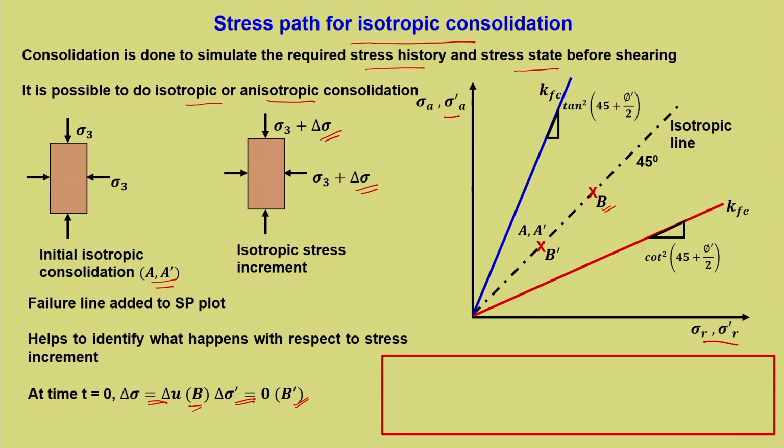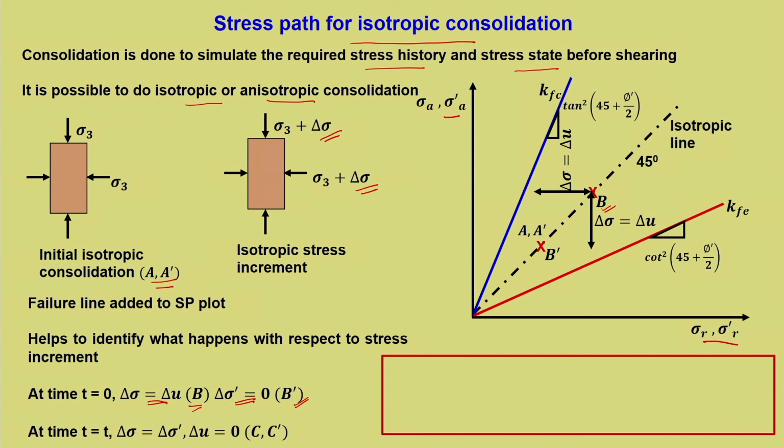Please remember, the points B dash and B may not be relevant. They are relevant only with respect to the time t equal to 0 condition, that is, an instantaneous loading condition. So, the total stress will increase by delta sigma equal to u, and that is why it is on the isotropic line. Now, time t equal to t means a lot of time has gone, so whatever we have to expect is in terms of effective stress only.